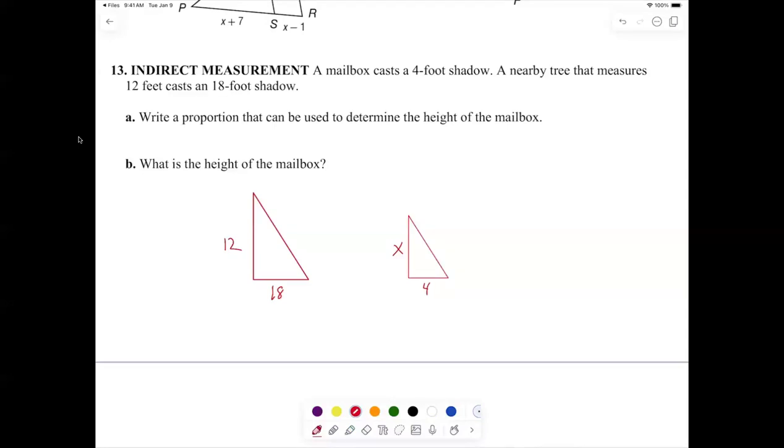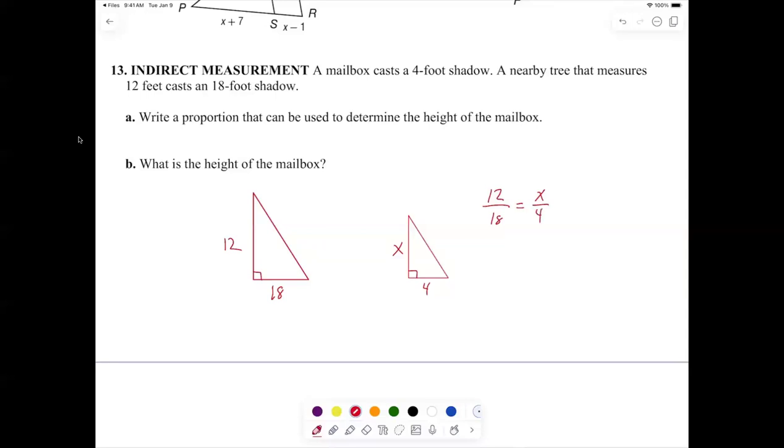So our proportion, of course, would just be 12 over 18 equals x over 4.